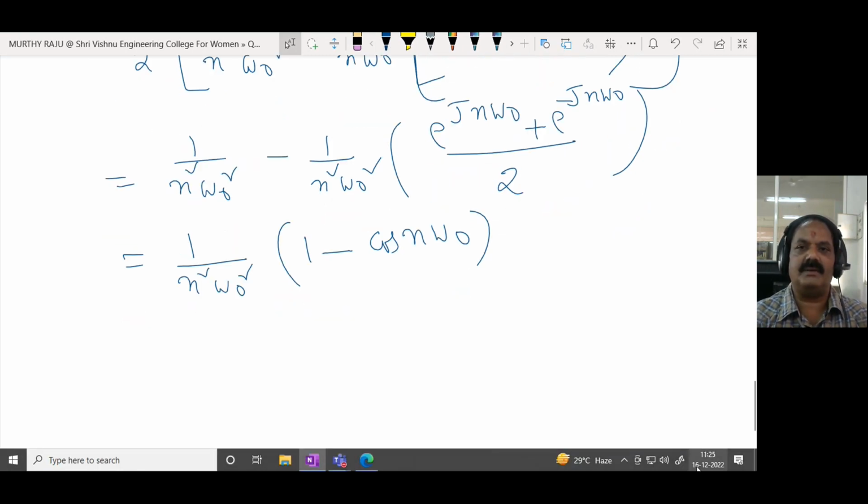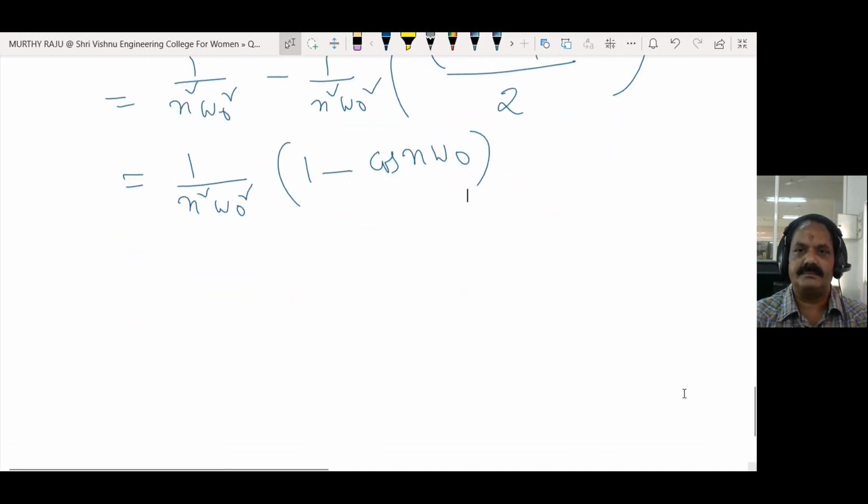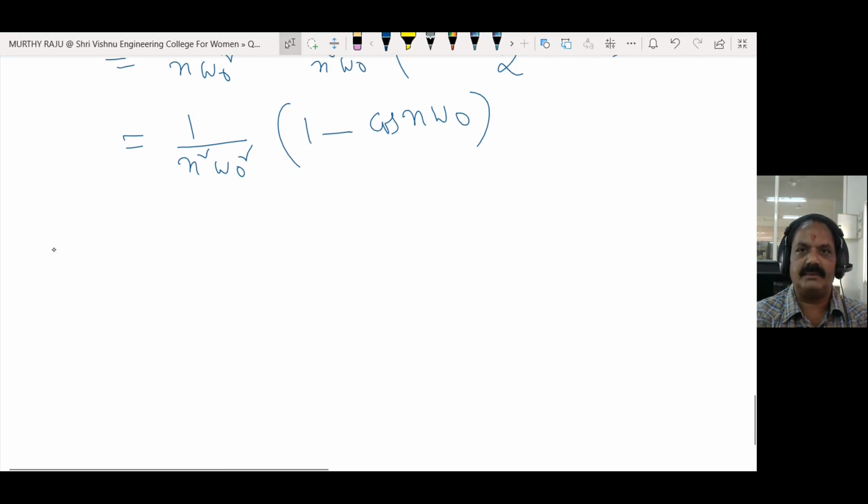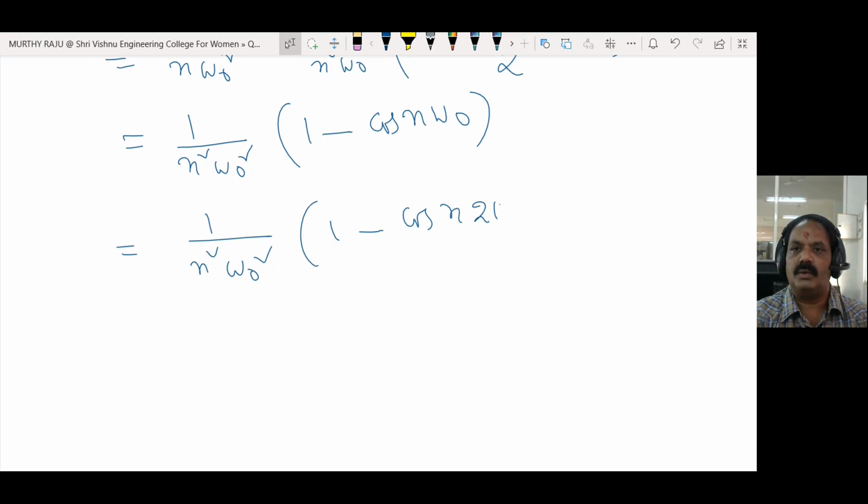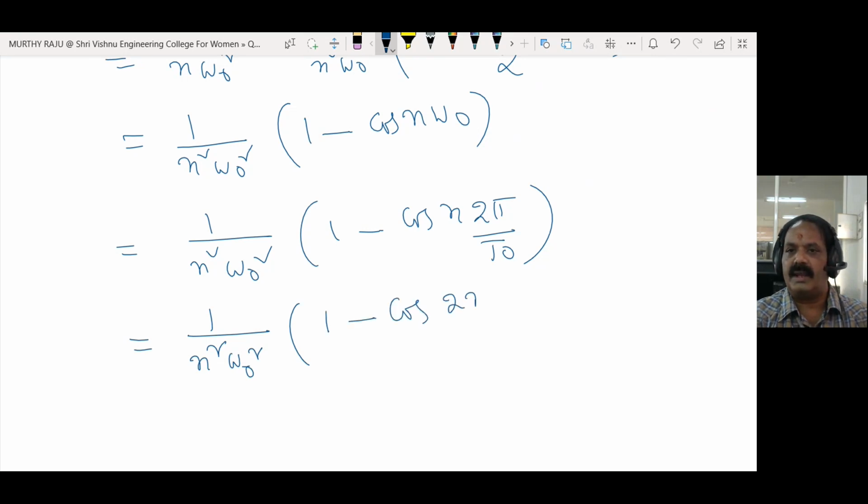Therefore, Cn is equal to 1 by n square omega naught square, 1 minus cos n omega naught T, and omega naught is 2 pi by T naught, so 1 by n square omega naught square, 1 minus cos 2n pi by T naught, T naught is 2.